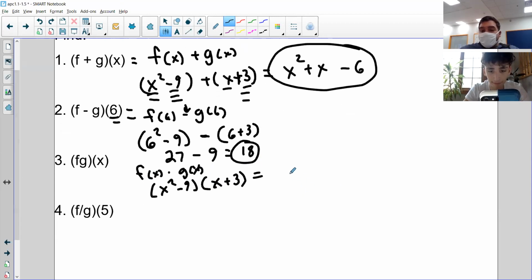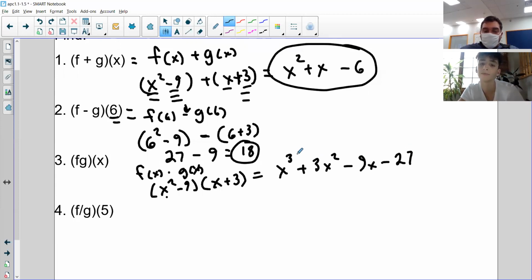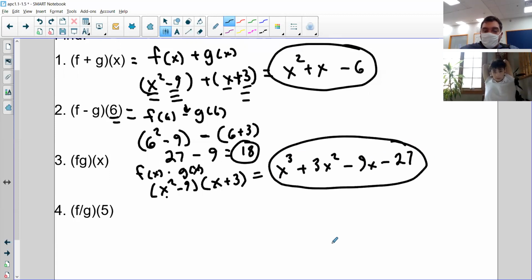Remember, in these scenarios, you're going to actually FOIL it out. So if you FOIL it out: x cubed plus 3x squared minus 9x minus 27. Circle that.